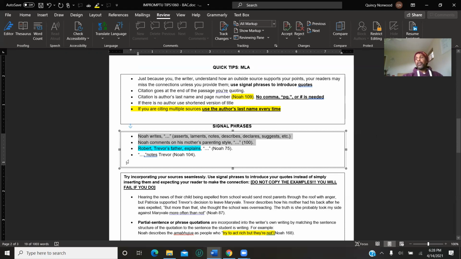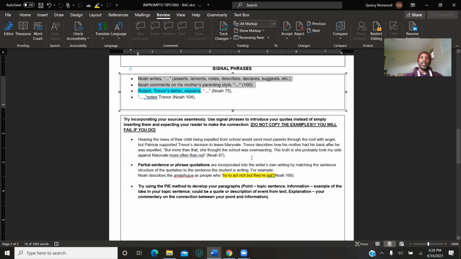If you're mentioning a person from the text for the first time, let your reader know who they are, like this, in between commas. Robert, Trevor's father, explains, then you go right into your quote. Also, no matter who is speaking, make sure your citation is Noah, because overall it's coming from his text.